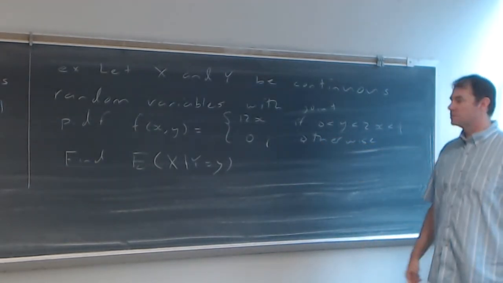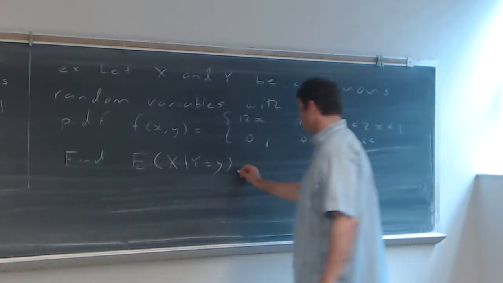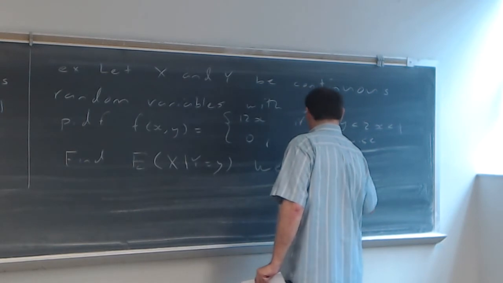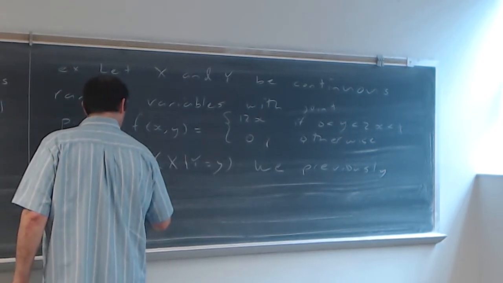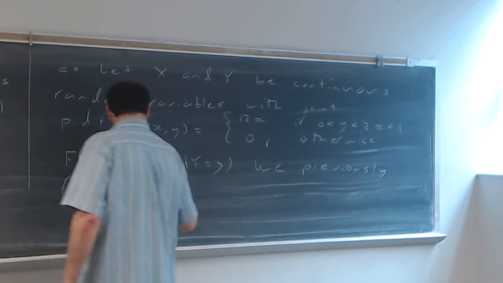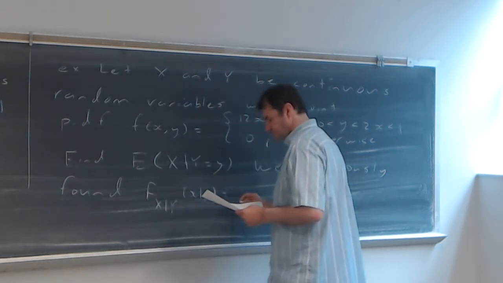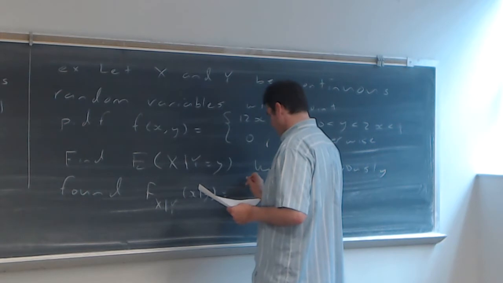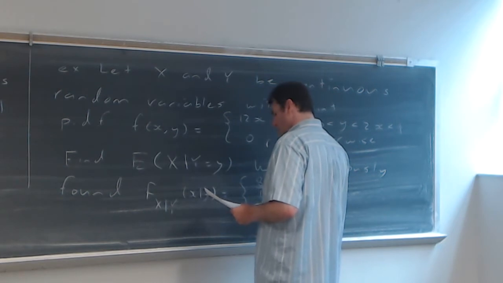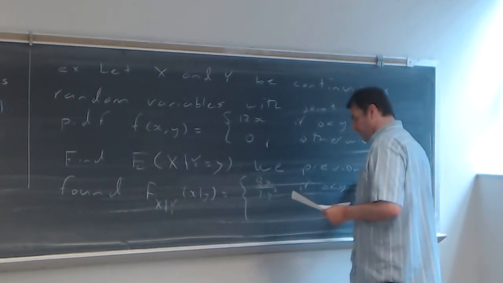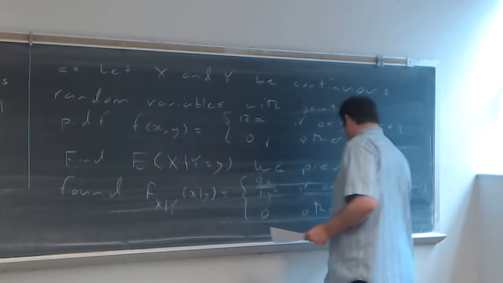We had worked with this joint PDF earlier, and what we previously found is that the conditional PDF of x given y was equal to, I'll write it a little bit more precisely than I did before, 8x over 1 plus y squared if 0 is less than y is less than 2x is less than 1, and here it's 0 otherwise. But that's from our previous work.